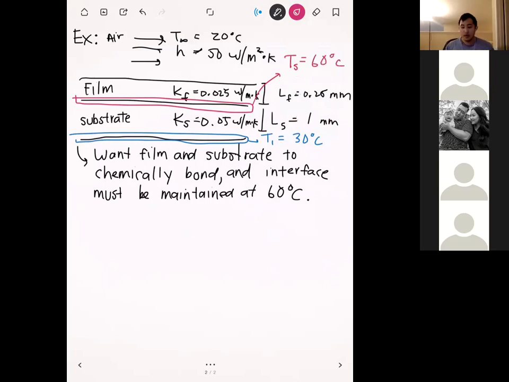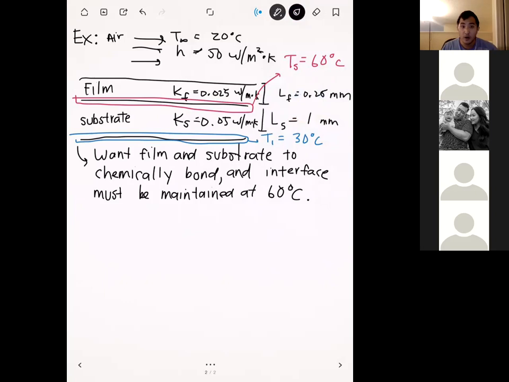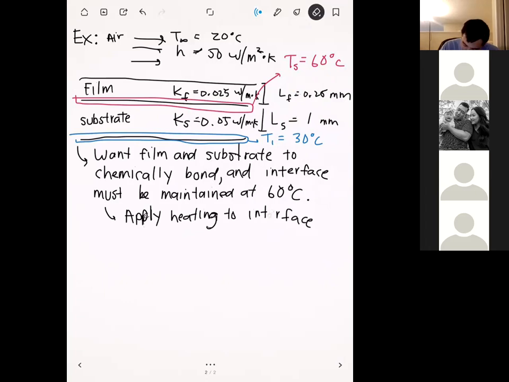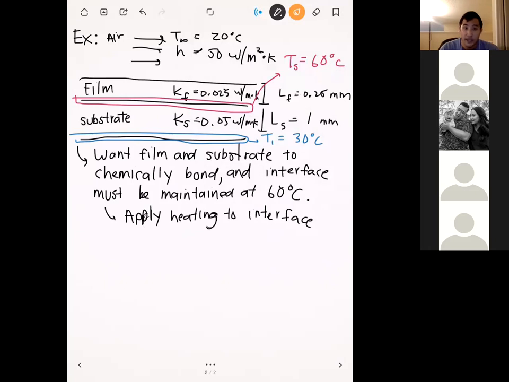And so the way that you're going to make this interface 60 degrees is you're going to apply some heating to it. The heating is actually going to be applied through a laser. The laser is basically going to be shining down onto this interface.